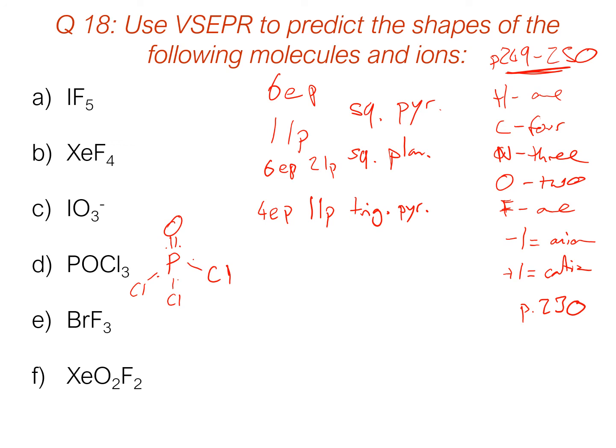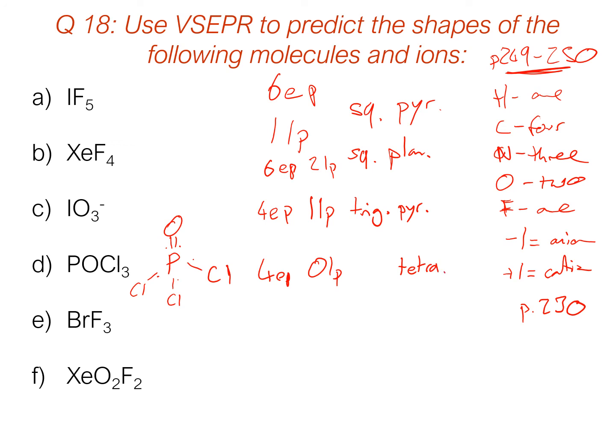We've got 3 single bonds and a double bond. Remember, a double bond just counts as 1 electron pair, because we only take into account the sigma contribution for VSEPR. So this is 4 electron pairs and no lone pairs. This is tetrahedral geometry because of the 4 electron pairs, and no lone pairs.